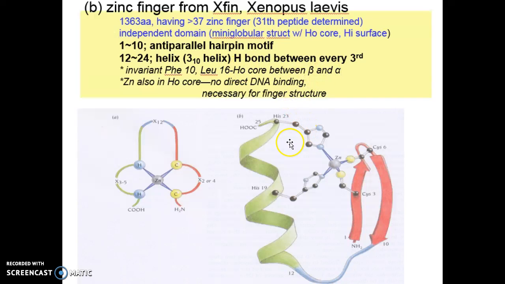And interestingly, zinc also contributes to making the hydrophobic core. Zinc doesn't contribute to direct DNA interaction, but is involved in making the overall zinc finger structure.